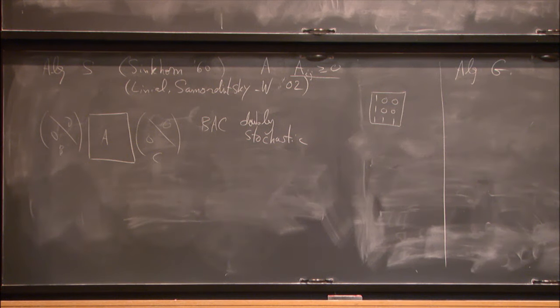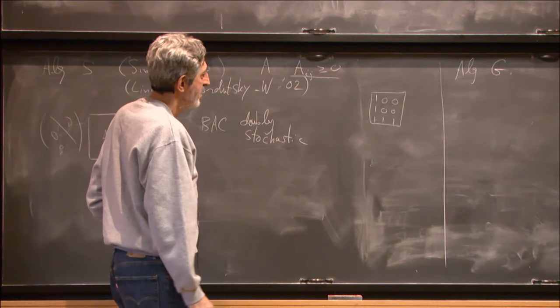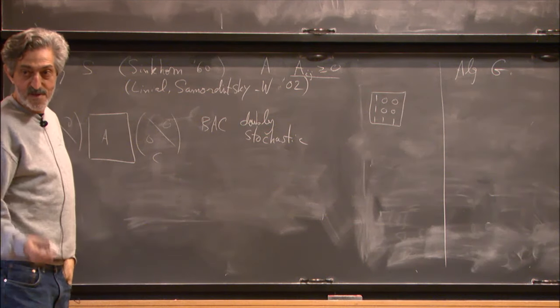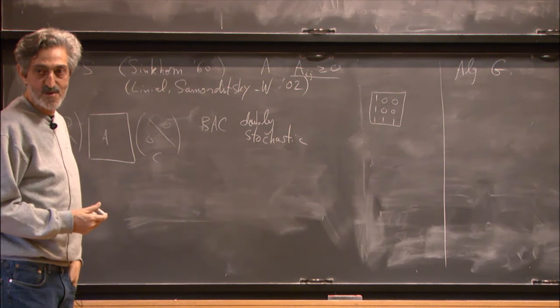So what would be the condition that ensures that we can make it doubly stochastic? Non-singular is not enough, but you're close. The permanent should be non-zero. It should have a non-zero diagonal.